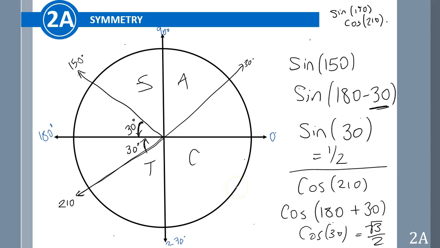And then we just need to think, is it positive or negative? We can do that very easily because if we know it's 180 and then a bit, we're into the third quadrant, which is negative. Up here, 180 minus 30, we're back into the second quadrant where sine is positive.